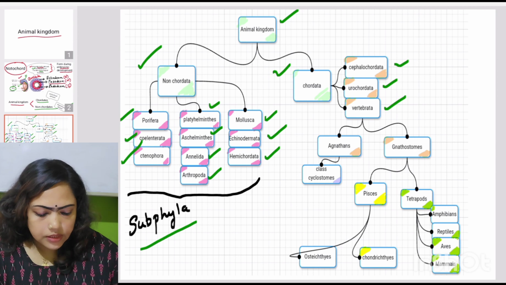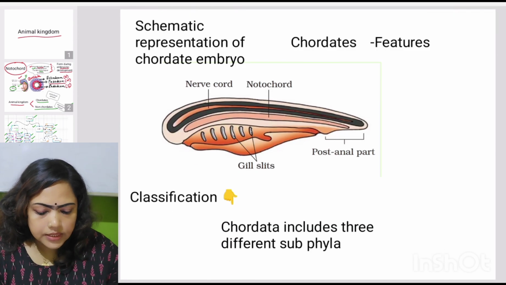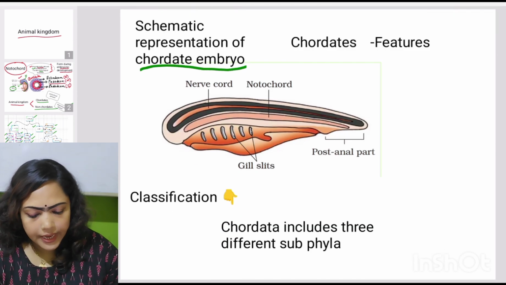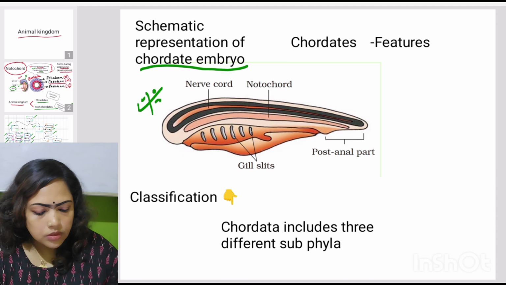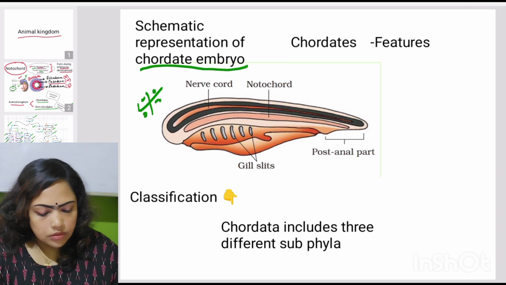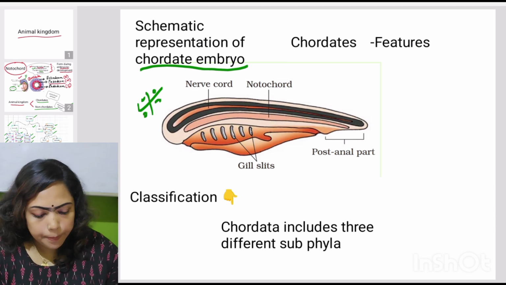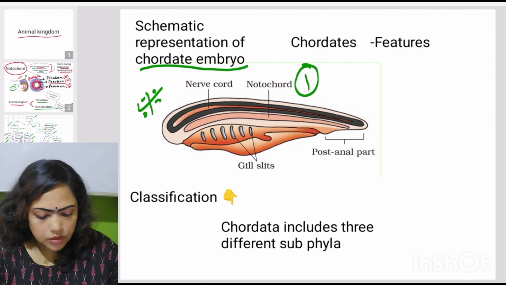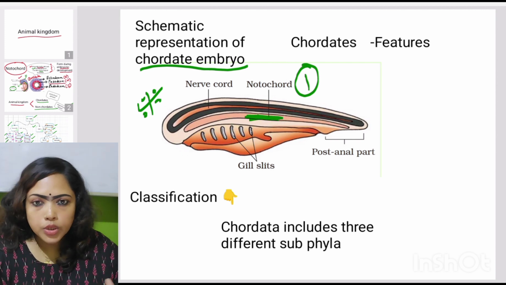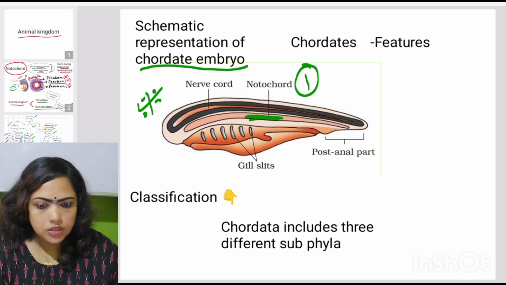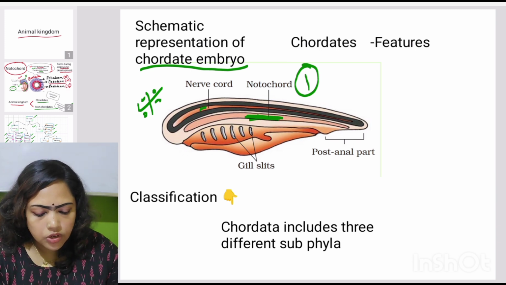See, this is the schematic representation of a chordate embryo. The diagram is very important. The first feature is the presence of the notochord. Then dorsal to the notochord, or above it, there is another tubular or hollow structure called the nerve cord.